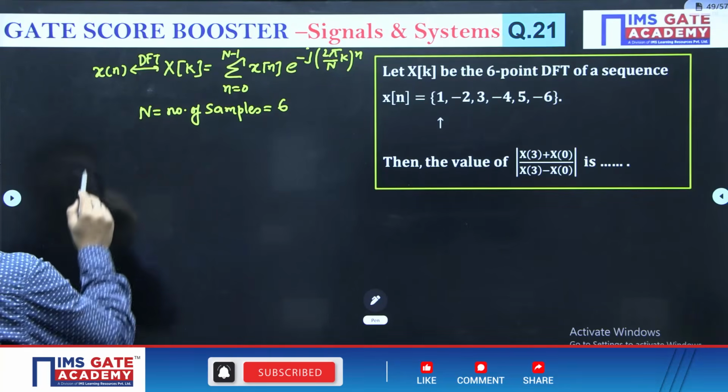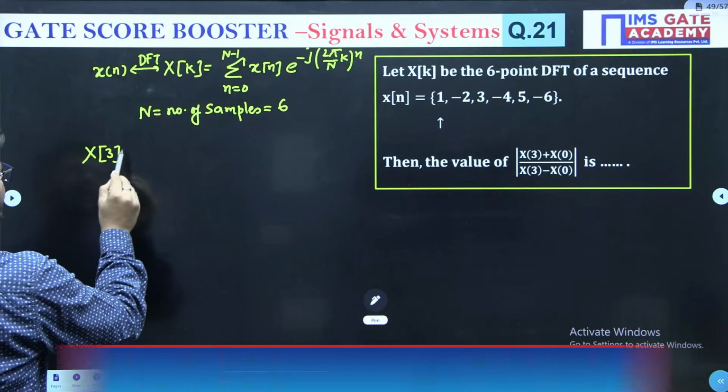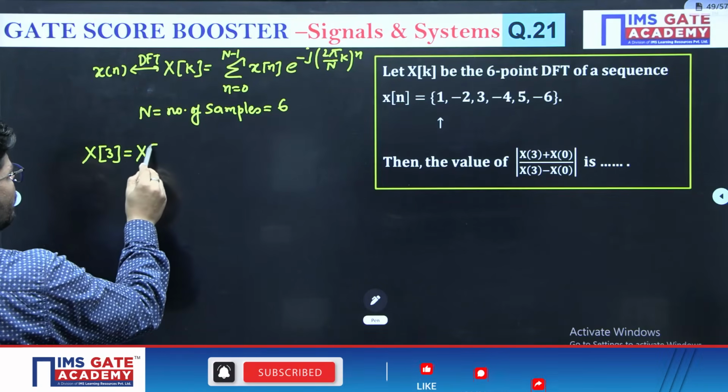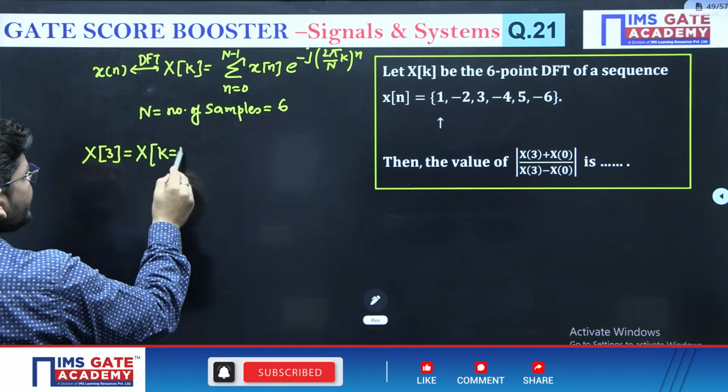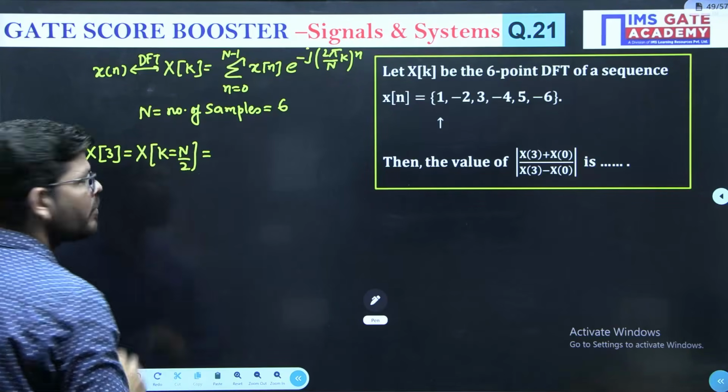We have 6 samples here. We also have a few properties. We have to find X of 3, which is X of k, where k is exactly equal to N by 2. So this is among the properties.